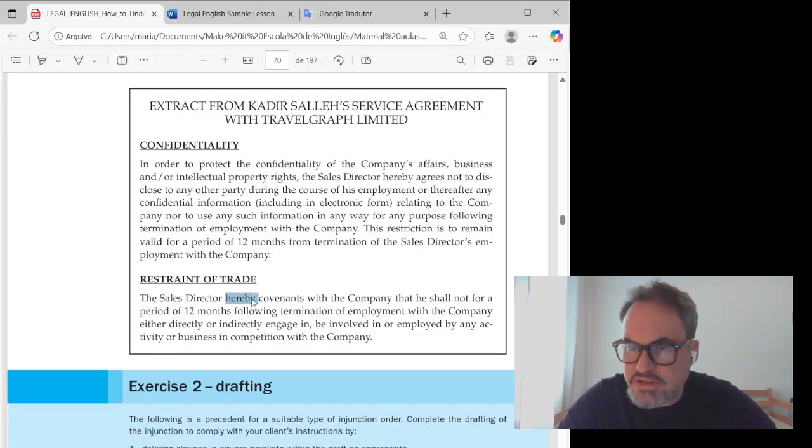Hereby, we have already learned this word, okay? It's por meio deste ou por aqui, right? Covenant with the company. This is a verb, right? He's doing an agreement, right?